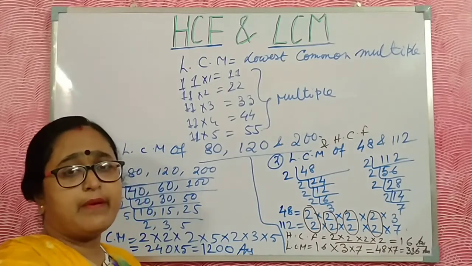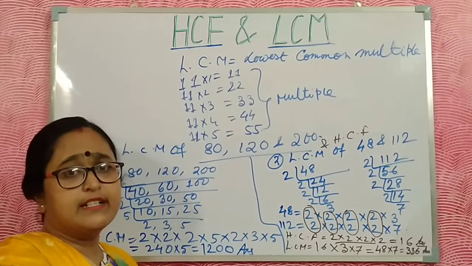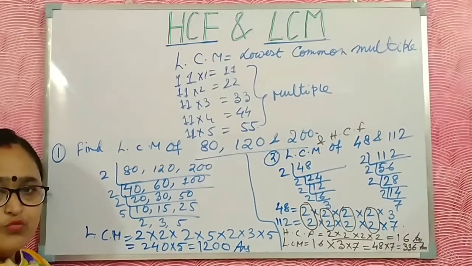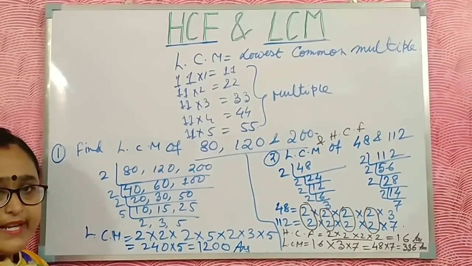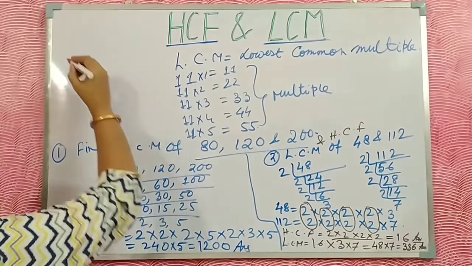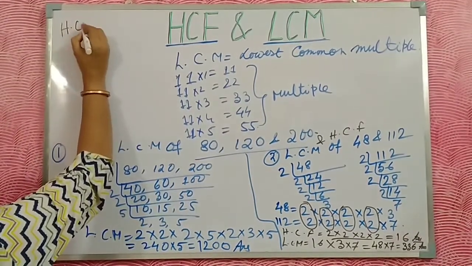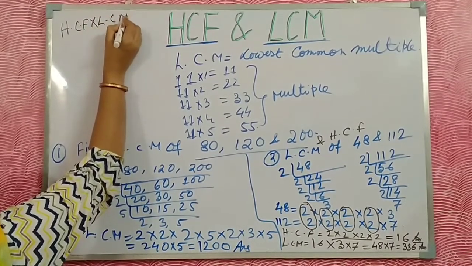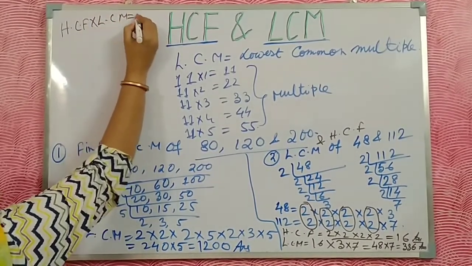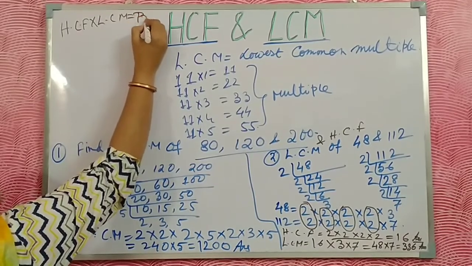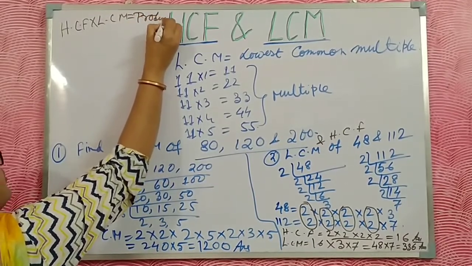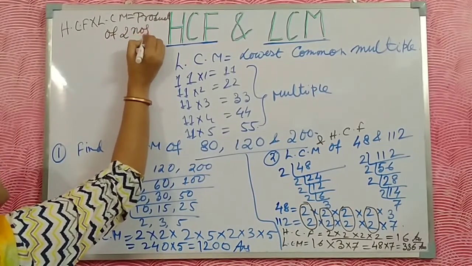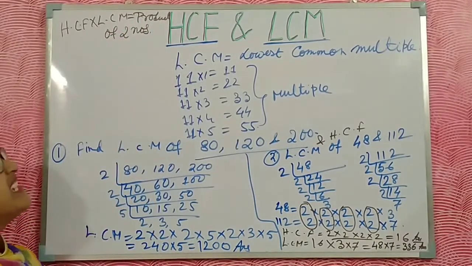Okay. Now I give a formula relating LCM and HCF. This is a very important formula. All the students please write. HCF into LCM is equal to the product of two numbers.